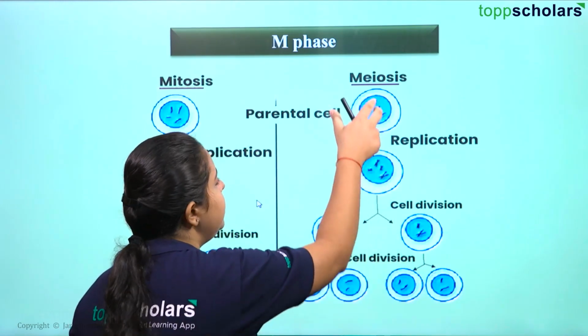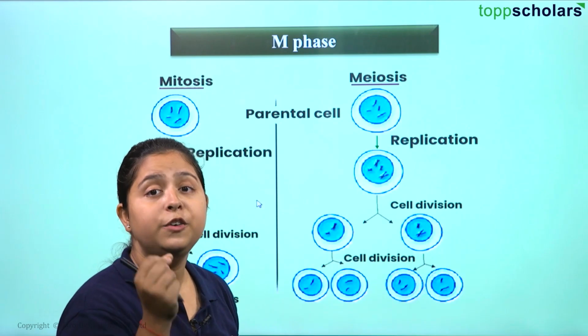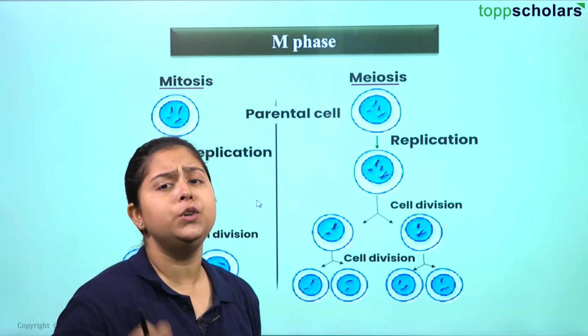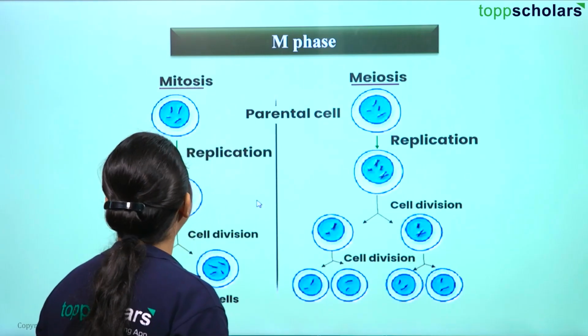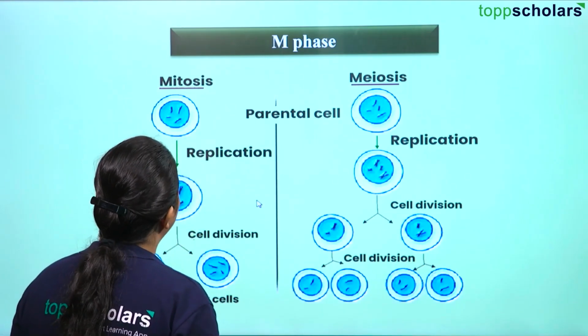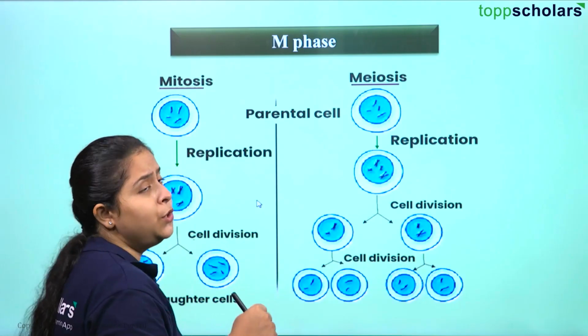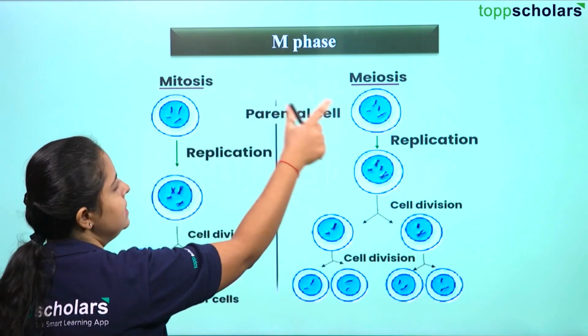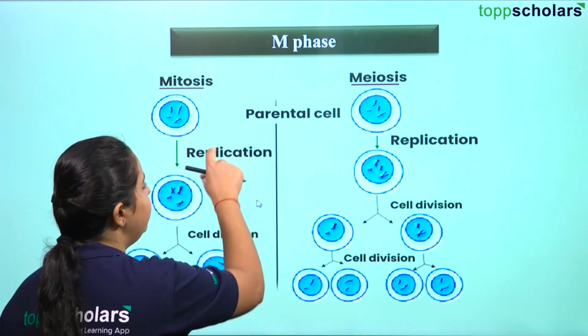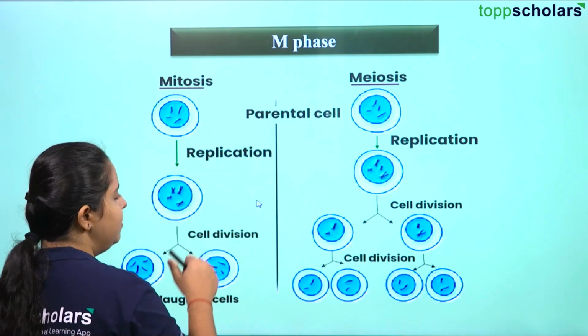This meiosis is also referred to as reductional division. These things you already know, but you will learn in more detail in this 11th standard topic. Mitosis is also known as equational division. So in mitosis as well as in meiosis, you will have a replication phase, after which there will be cell division.